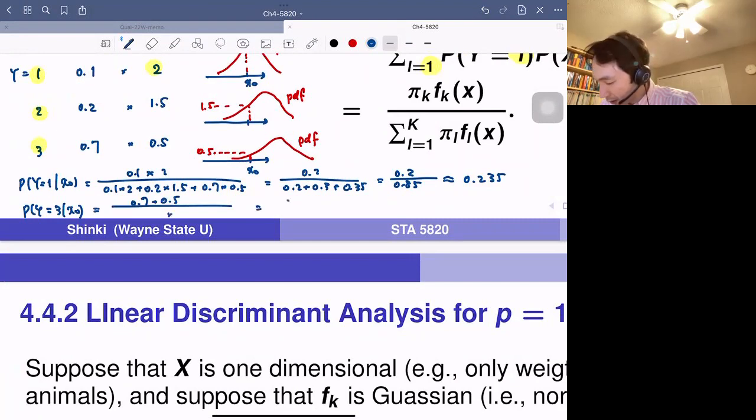So that means 0.35 over 0.85, which is a much larger value: 0.35 divided by 0.85 is 0.412. And we can also calculate the probability of y is equal to 2 given x0. That is 0.3 over 0.85. So actually, this is most likely.